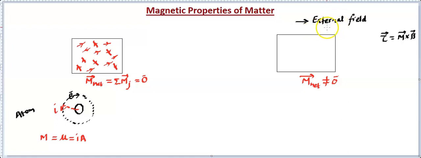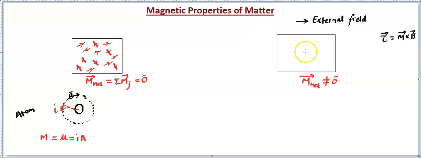Some materials create a field opposite to this, and some create a strong magnetic field in the direction of the field that you applied externally. So based on the field coming in because of these dipole orientations, we categorize these magnetic materials in three types. So we will be studying those three types shortly.